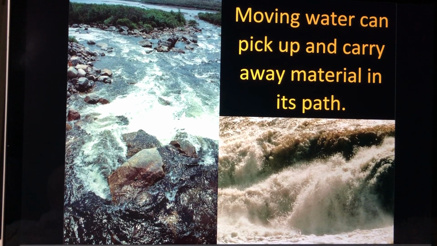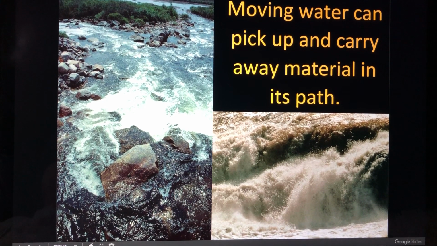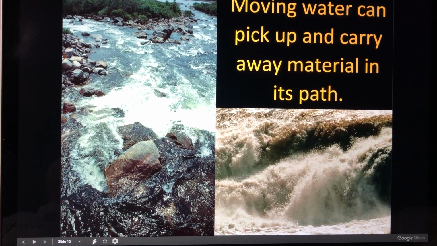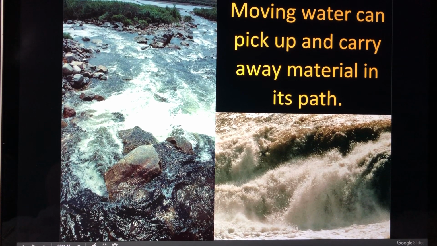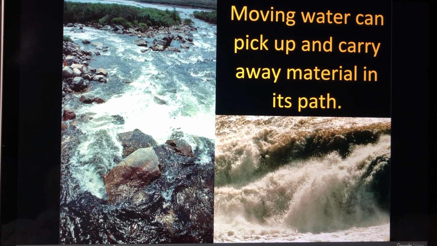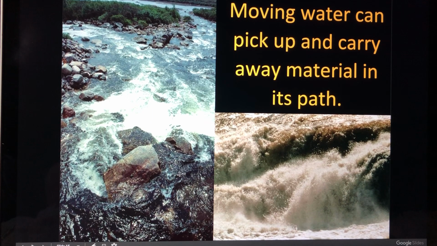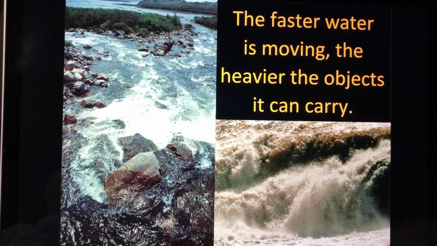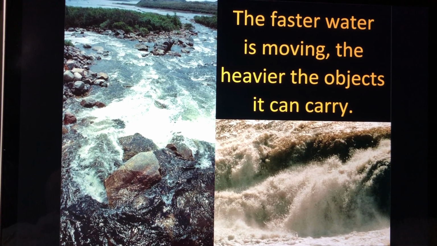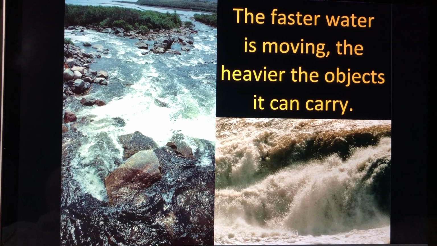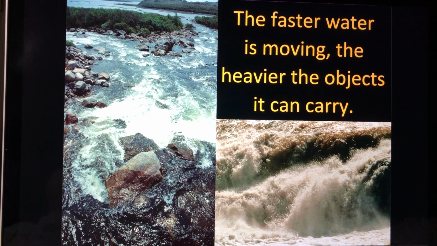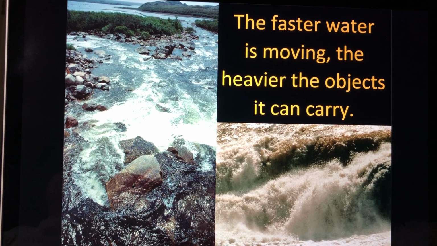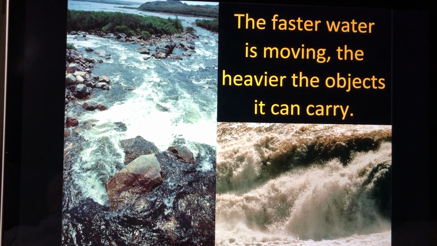Moving water can pick up and carry away material in its path. And I'm sure you've been to a river where it's very rocky. Sometimes it's difficult or dangerous to swim just because of all the rocks and the sharp edges that they have. The faster water is moving, the heavier the objects it can carry. Makes sense?